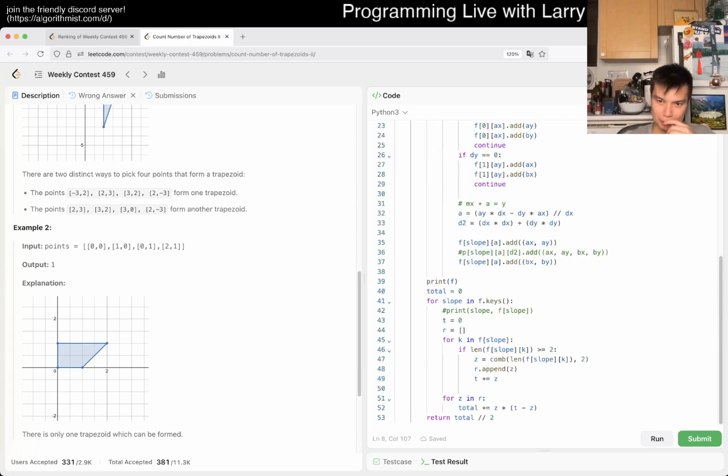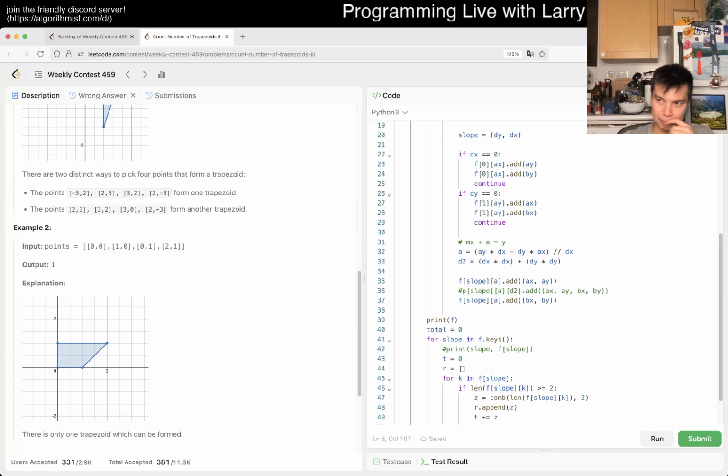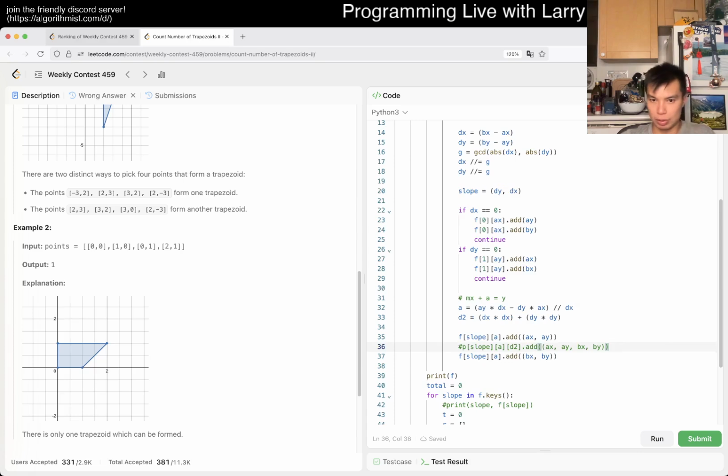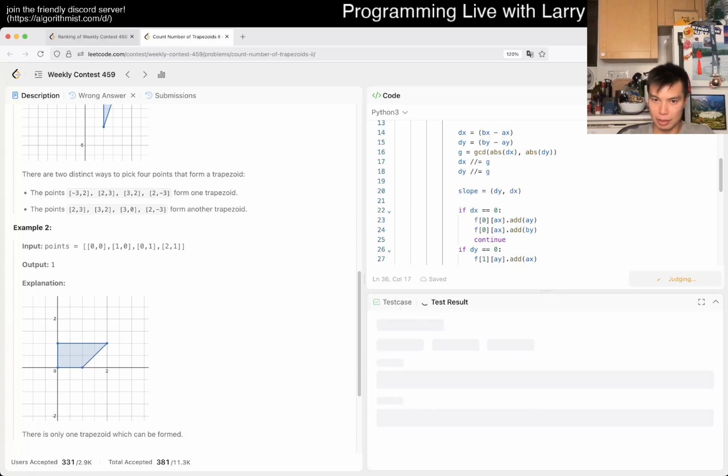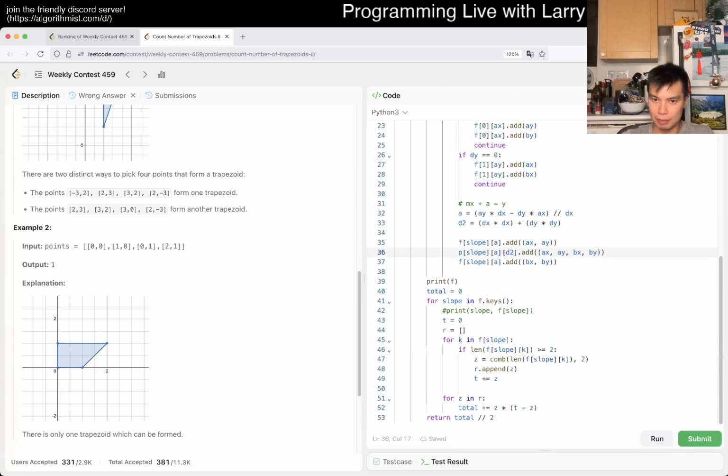Something like this, right? Run it real quick, no crash, pretty good.